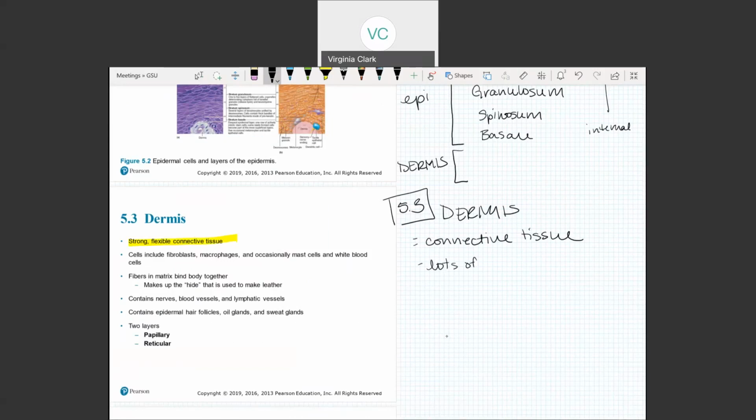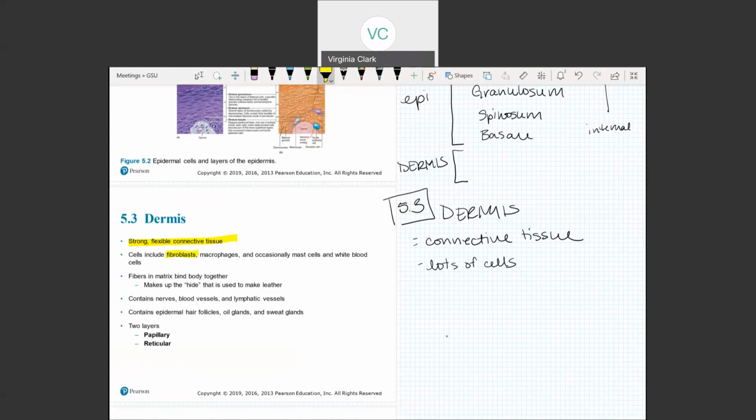Whereas the epidermis had only 5 types of cells, your dermis is going to have a lot of different types of cells. Some examples are fibroblasts, remember, which are the immature fibrous cells that make cartilage tissue, macrophages, which will destroy, and occasionally mast cells and white blood cells, which will impact your immune response.